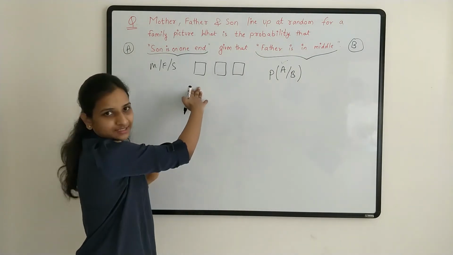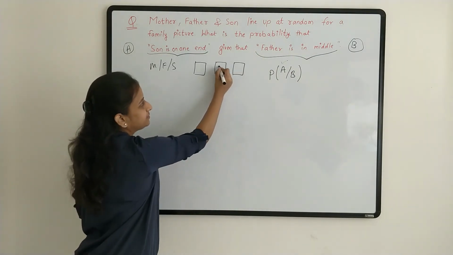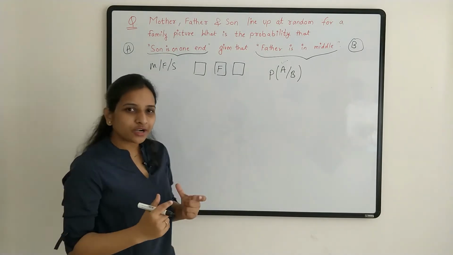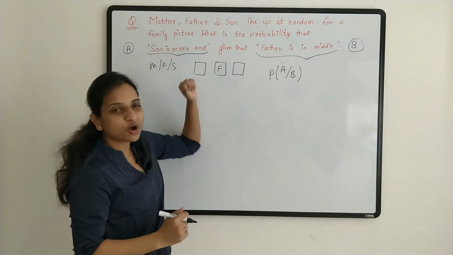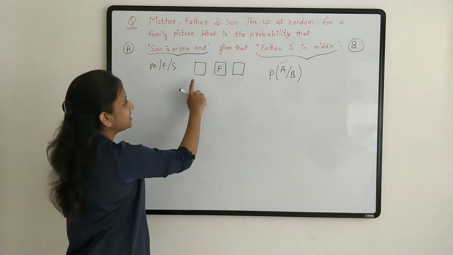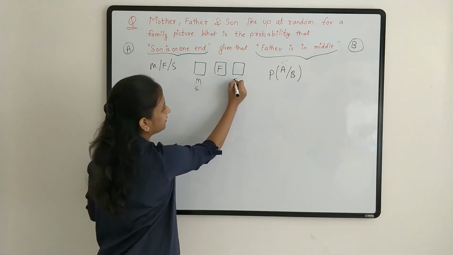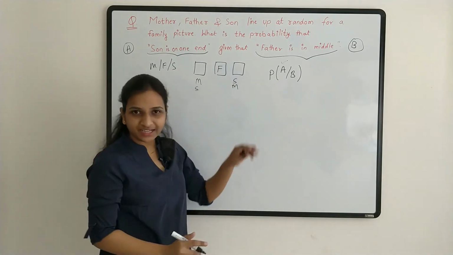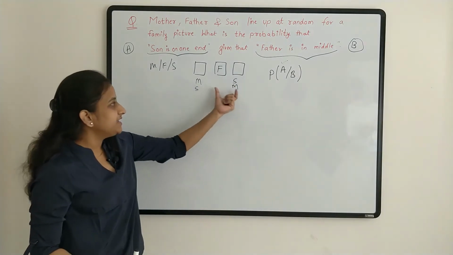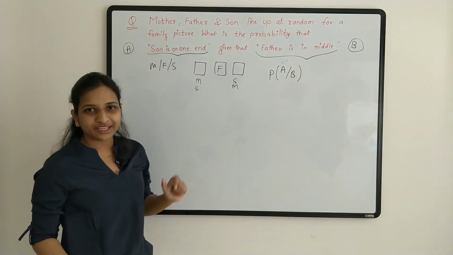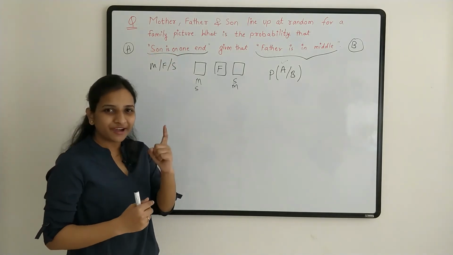So for these three positions, father is in the middle. This is fixed. This event has happened. Then what is the probability that son is on an end? Means these positions will be occupied by mother or son, or son or mother. Right? Then either way, the probability of this event happening will be 1, right?